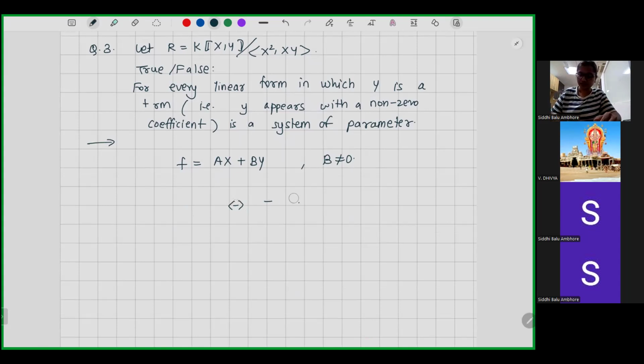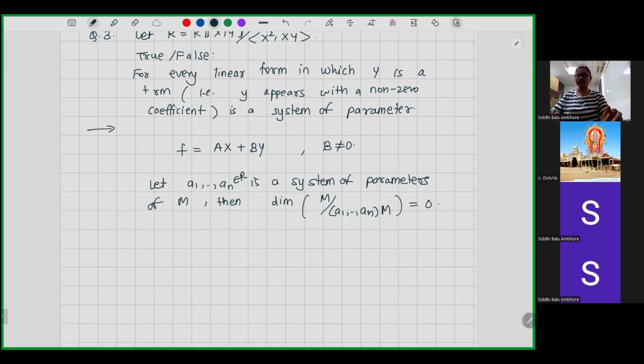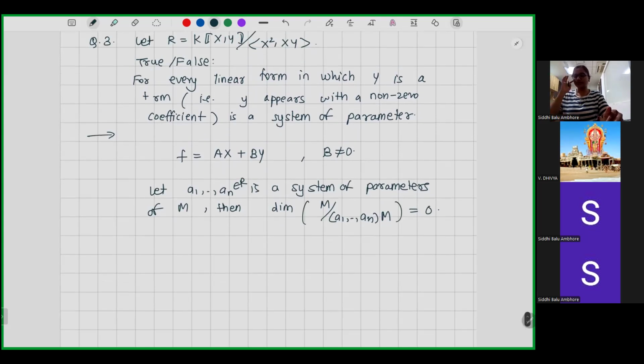For example, if a1 to an is a system of parameters of M, I think we used this last time also, these being in R, then the dimension of M quotiented by a1 to an M is 0. And that's what we will be doing. We will be checking the dimension of R mod this element and so on.